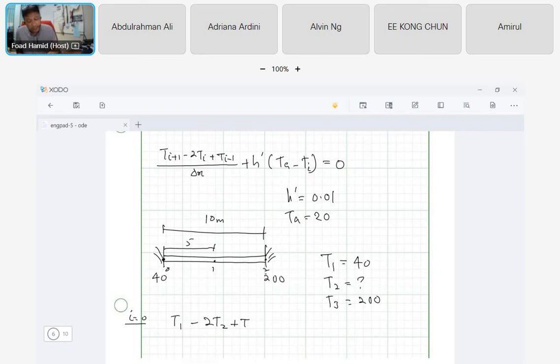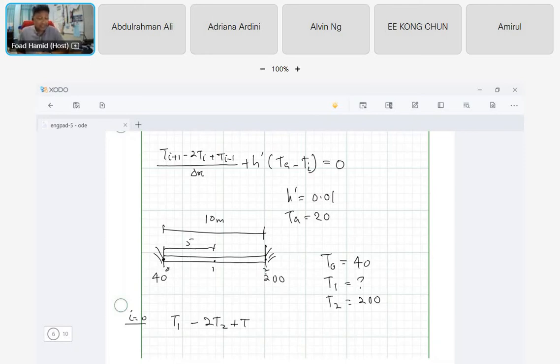So now let's say this is our T0. T0 is 40, T1 is an unknown, and T2 is 200. Now i equals 0, then we say this is T1. Again, I'm sorry because I don't think this is correct.